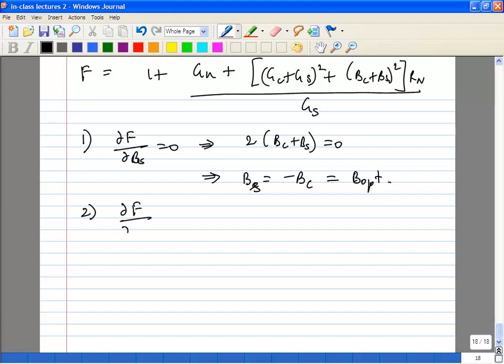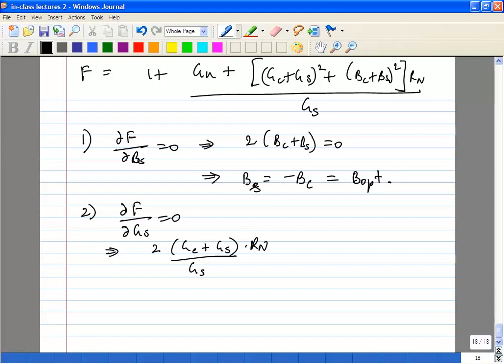Let's do the second one. We'll do dou F over dou Gs equals 0. So what does this give you? Obviously the first two terms are gone.